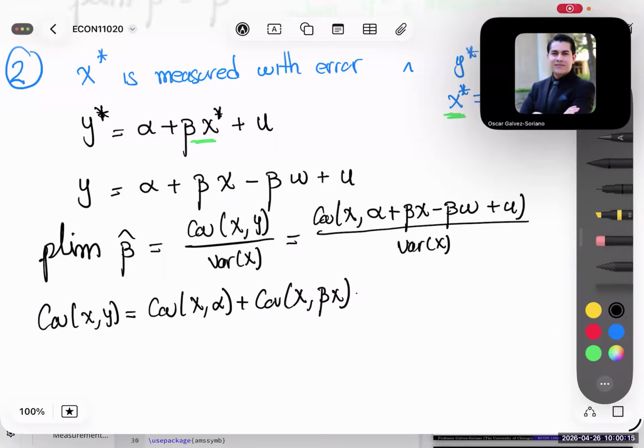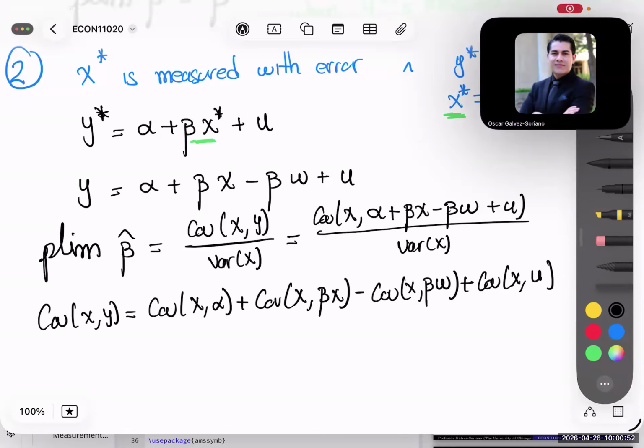So that's simple. The third pair is beta times the covariance of x and w. Well, I don't know why I was already simplifying this. Let me write down all the steps. Covariance of x and beta w, right? And the last one is the covariance of x and u.